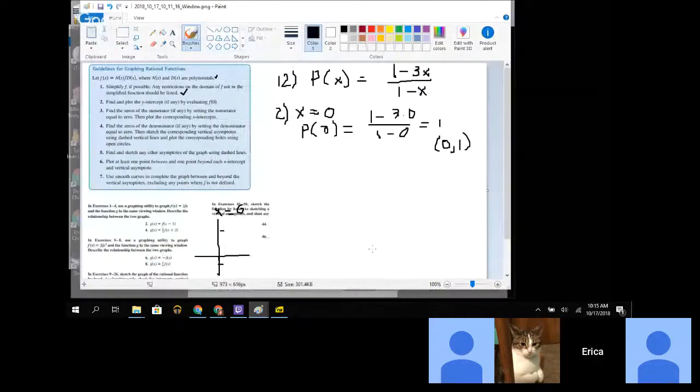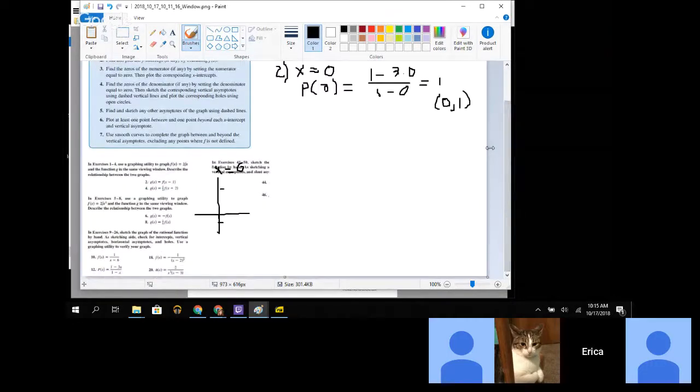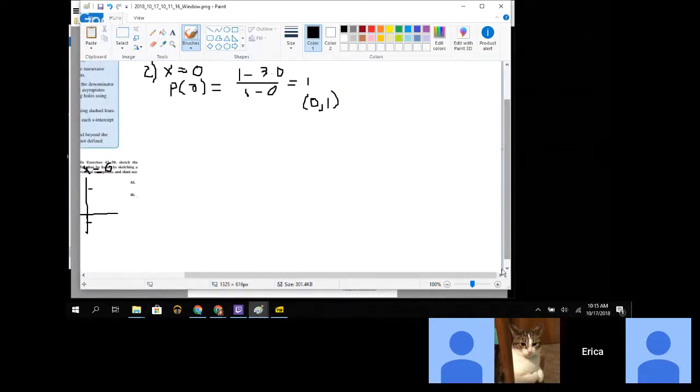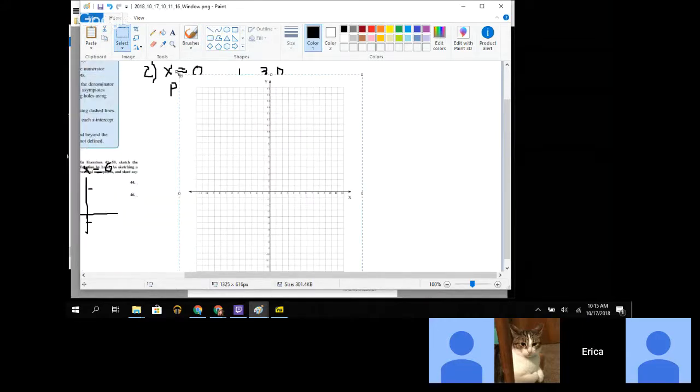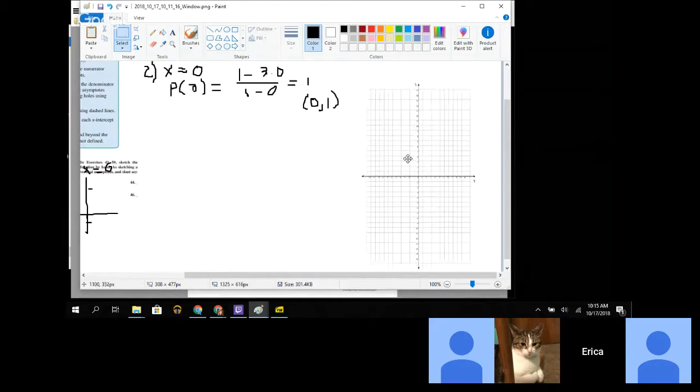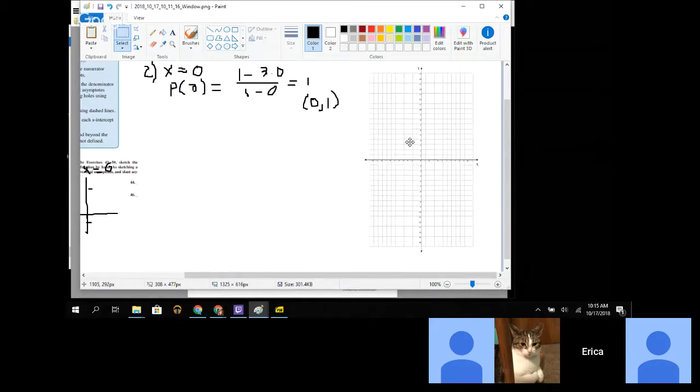Trying to be a little bit neater here, but I don't know if it's going to let me do this. It's probably going to take up my whole page. I'm just trying to make a graph so that I can have a nice, pretty graph for this class. Make it a little smaller. It's a little skewed, but it's going to have to work.